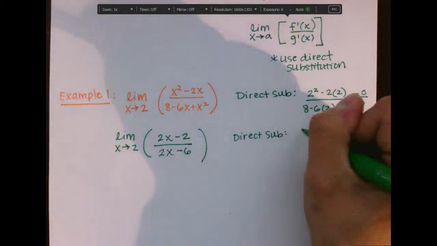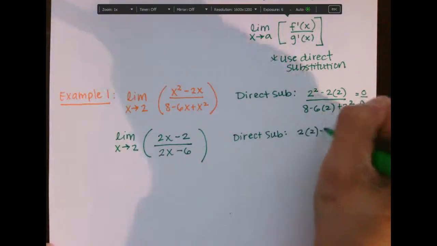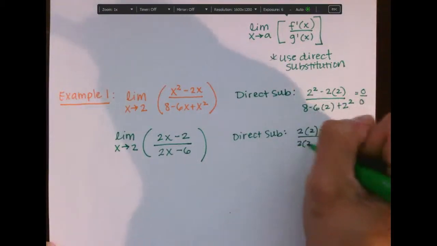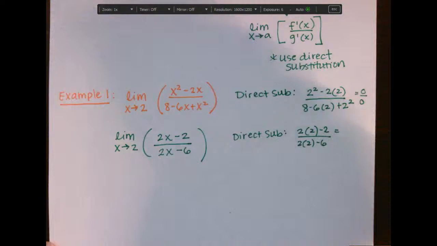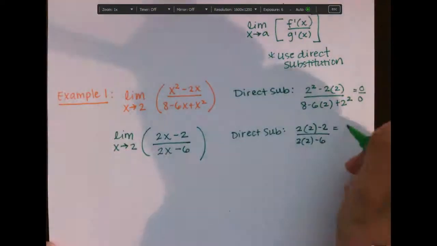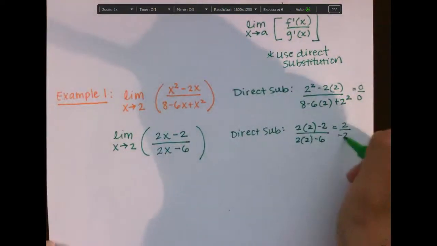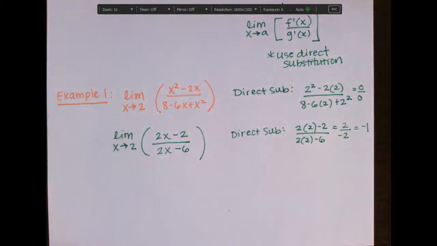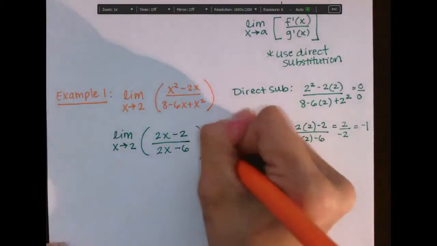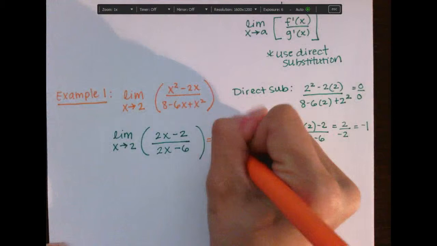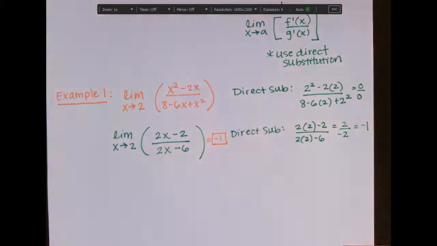We plug 2 into the top and 2 into the bottom, and we get 2 over negative 2, which is negative 1. So this limit equals negative 1. That's one example of using L'Hopital's rule to evaluate a limit.